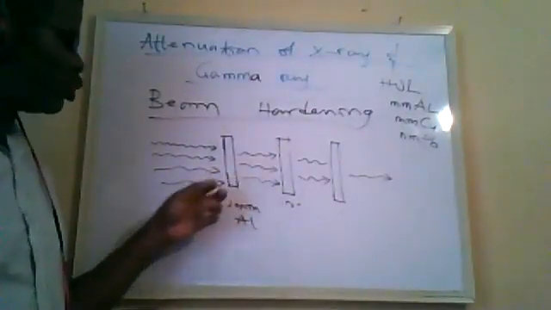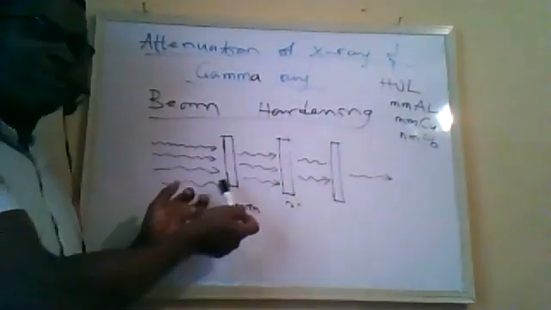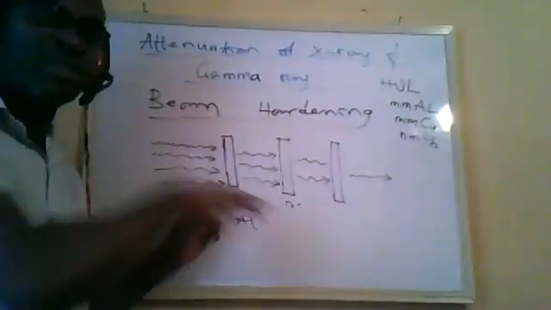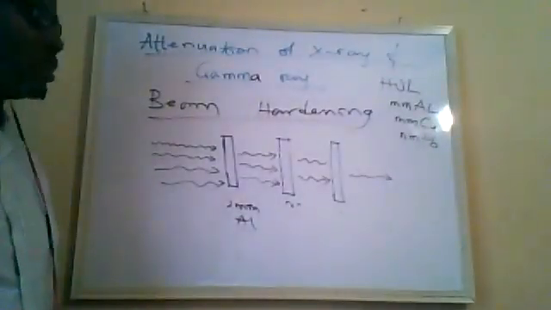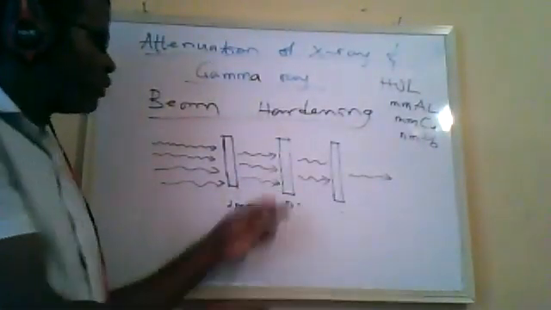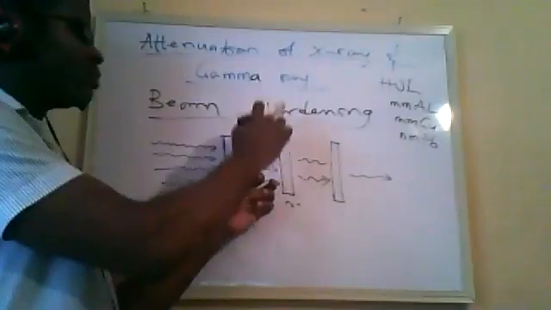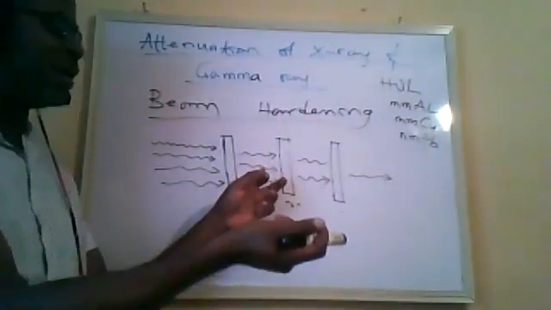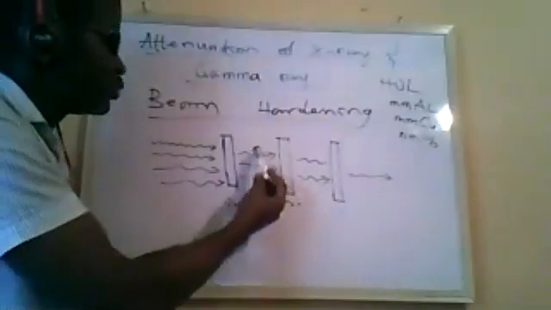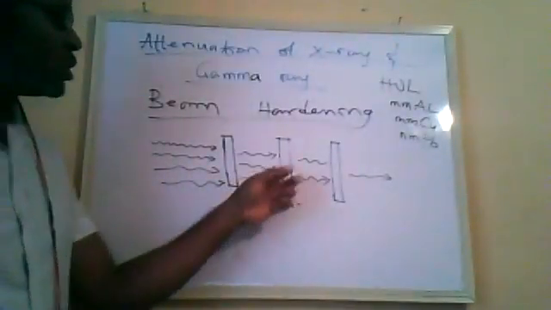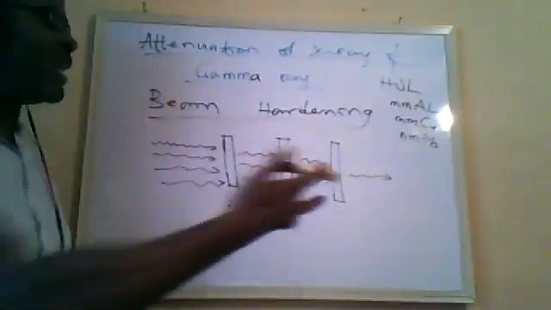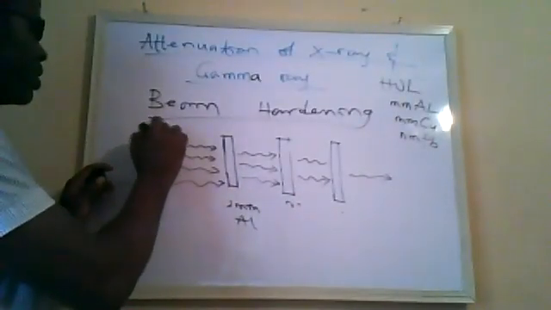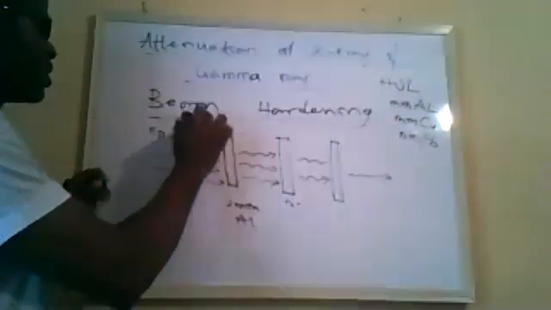This one will remove the lower energetic ones, because the lower energetic photons do not have enough energy to penetrate and pass through. They will be absorbed via excitation and so on. Few will move out. They encounter another one, which will further remove the low energetic ones, and so on. Then you have just highly energetic ones, with energies like 80, 70, 60, 55.